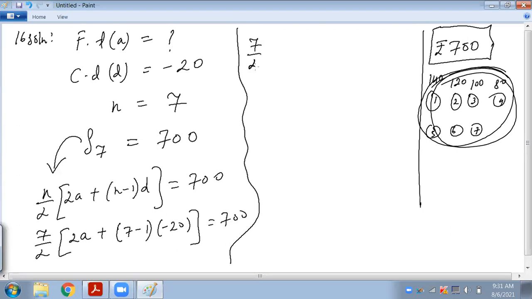So 7 by 2, 2A plus 7 minus 1 is 6, into minus 20.